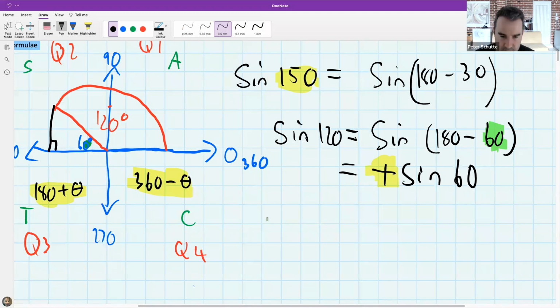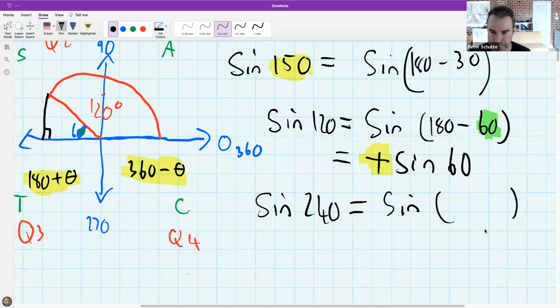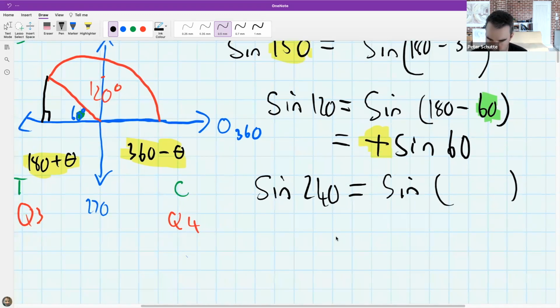Let's try another one to make this idea even more clear. If I want to reduce the sine of 240, I'm first going to rewrite it without a plus or minus sign. I want you all to rewrite it in the form that you think it should take, and put it in the chat.